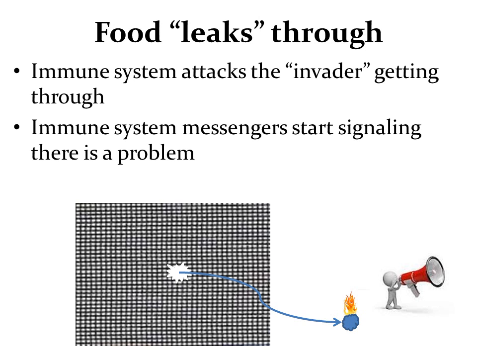Okay, so say the screen starts to have an issue with letting things through. We have a breakdown in that barrier. Well, the immune system is going to go, okay, I've never seen that particular protein or foodstuff that's coming through. What do I do? Well, I've never seen it before, so I'm going to attack it. And then I'm going to start signaling that there's a problem.